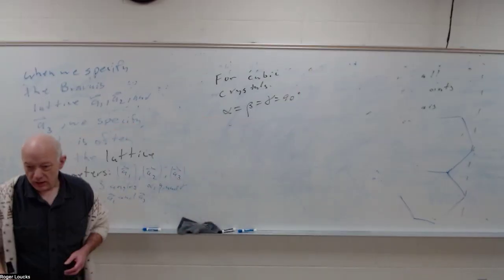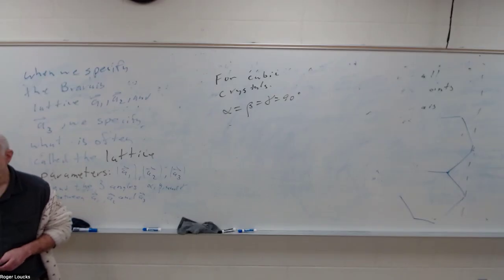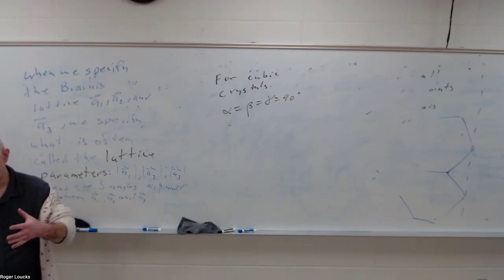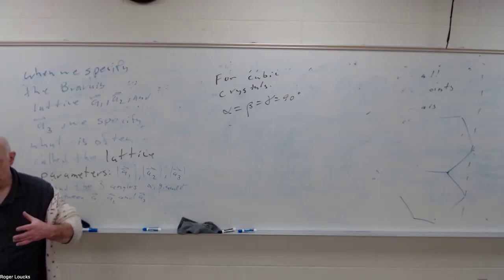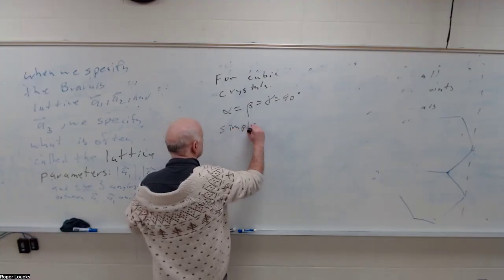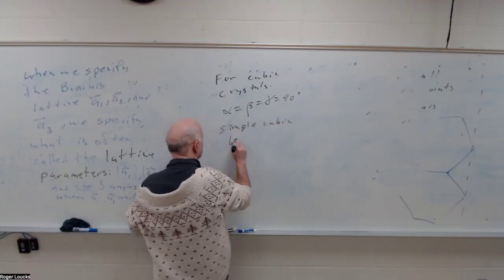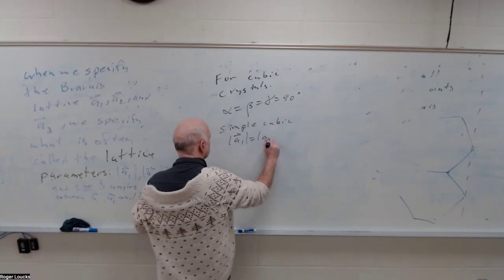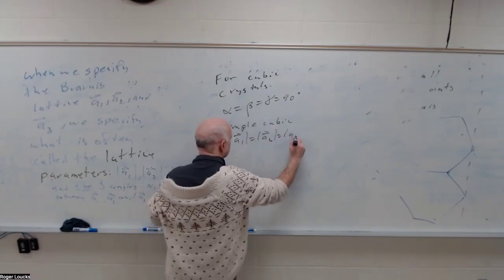Okay. And then we have to be a little more fussy on this. So we have to have some sort of cubic structure, but I have a cubic structure that has different ways of writing it. What would they be? A1 equals A2 equals A3. Okay, so you could have the simple one. I could have simple cubic, which means magnitude of A1 equals magnitude of A2 equals magnitude of A3.